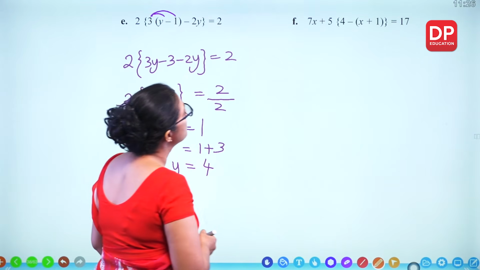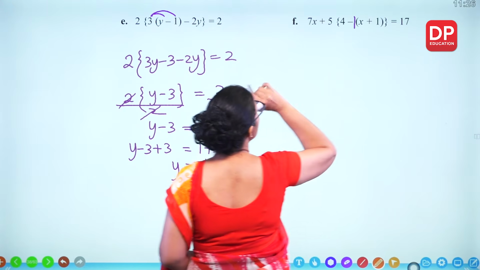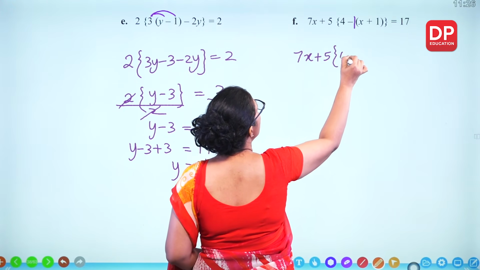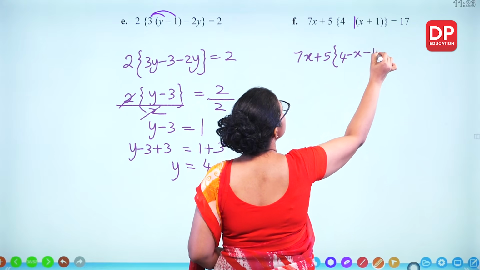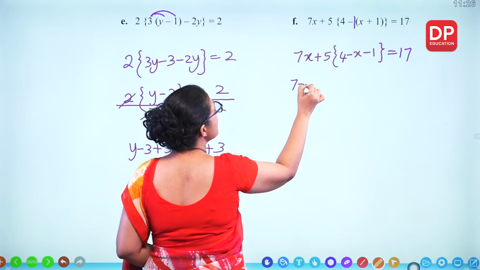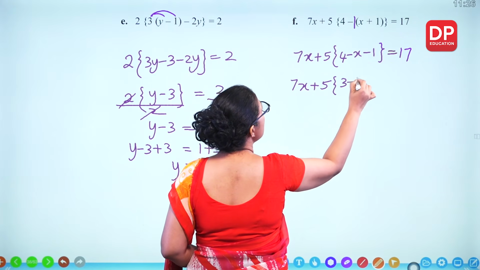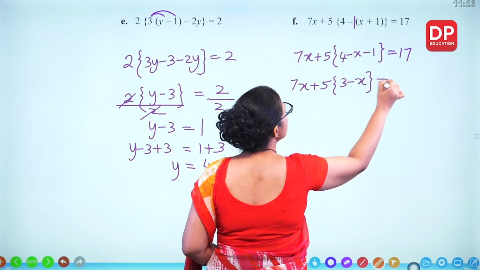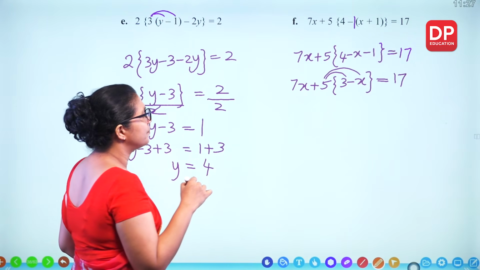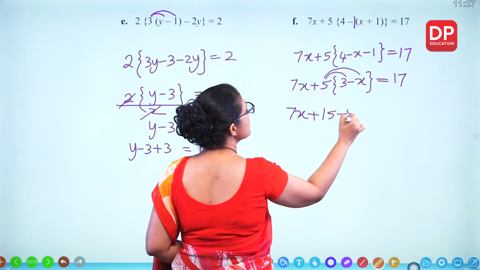This one, first expand this one, that means multiply by minus 1. 7x plus 5, 4 minus x minus 1. 7x plus 5, 4 minus 1, 3. 3 minus x. Now expand this bracket. 7x plus 15 minus 5x.